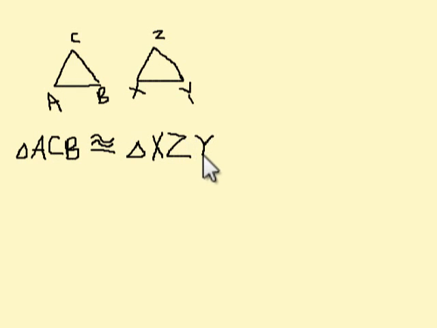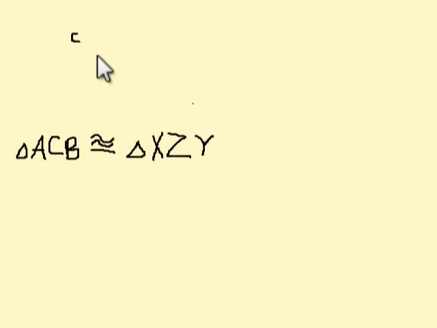Now, here is what's kind of cool. Even if you didn't have these figures, beep, they're gone. You would be able to look at this statement and be able to tell me what angles are congruent, because everything had to align, everything had to correspond.